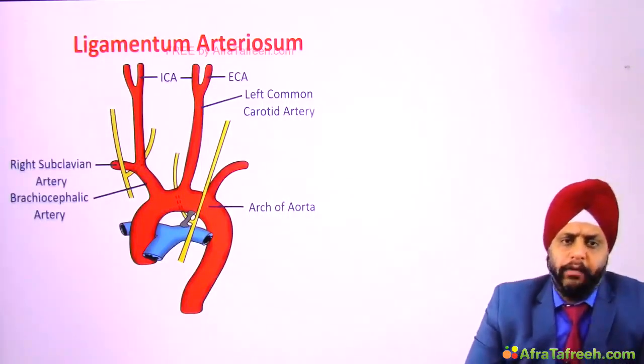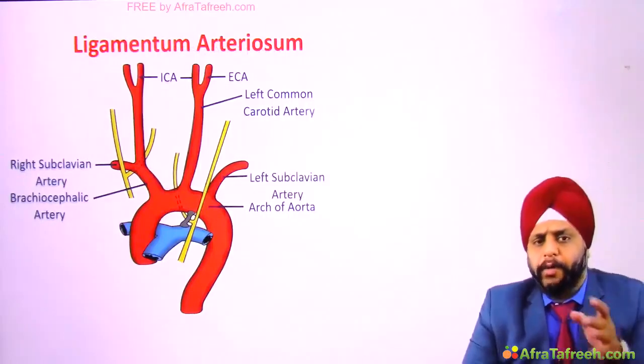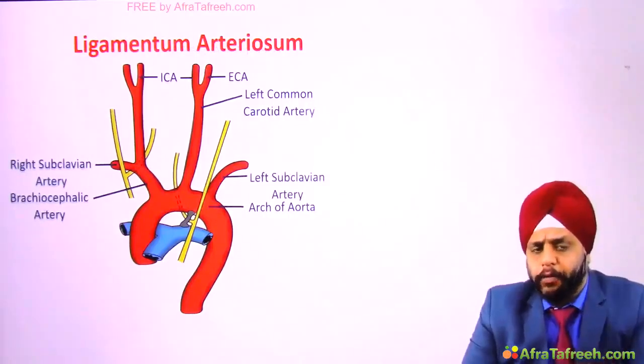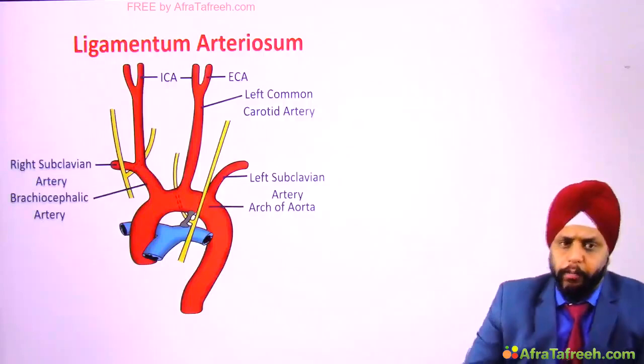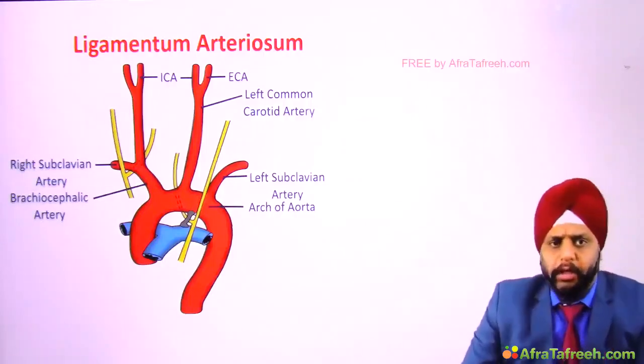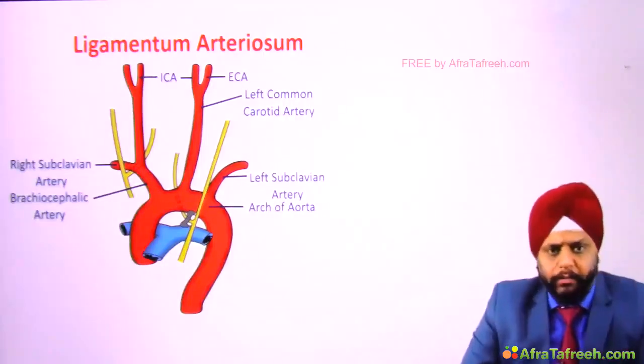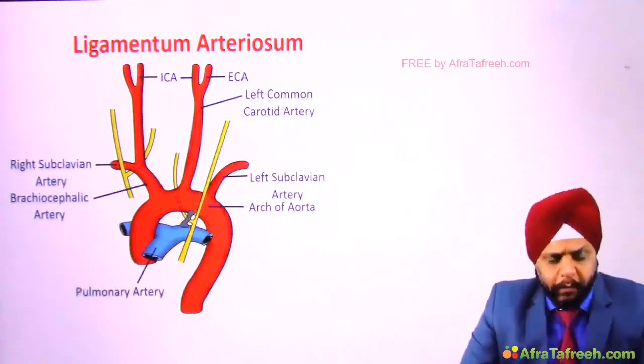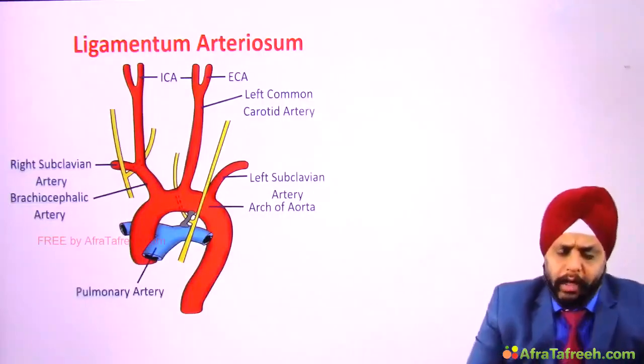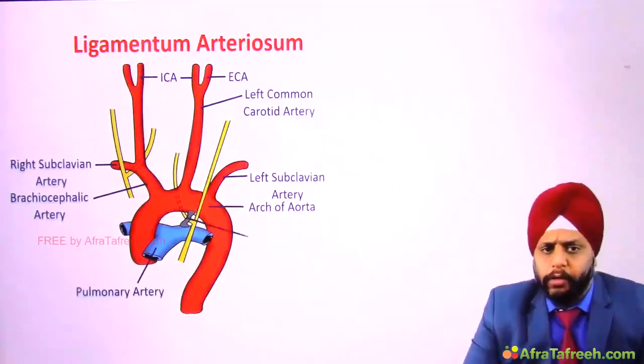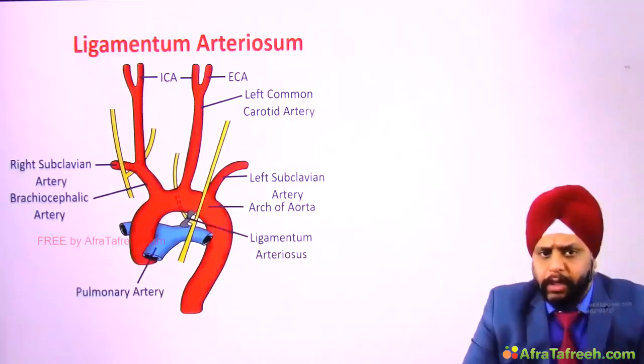Whereas on the left side, the left subclavian artery arises directly from the arch of aorta. Now the ligamentum arteriosum over here is still present, which attaches the pulmonary artery to the arch of aorta. So we still have this ligamentum arteriosum.